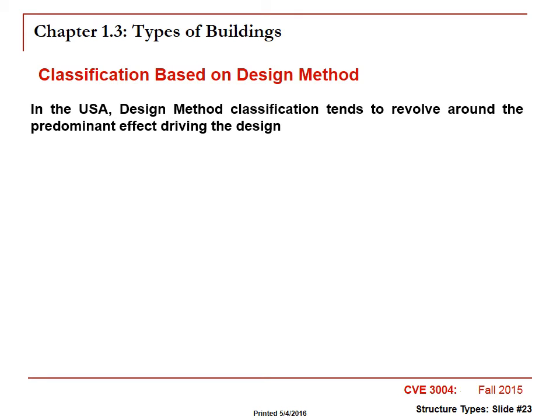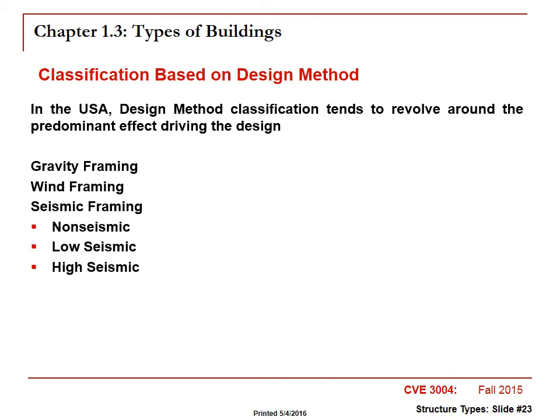Again, design method for that we'll see. We'll talk about gravity framing, wind framing, seismic framing, but even in seismic framing that will change. We'll talk about seismic design categories, and that'll change depending upon the geographical region your structure falls into.